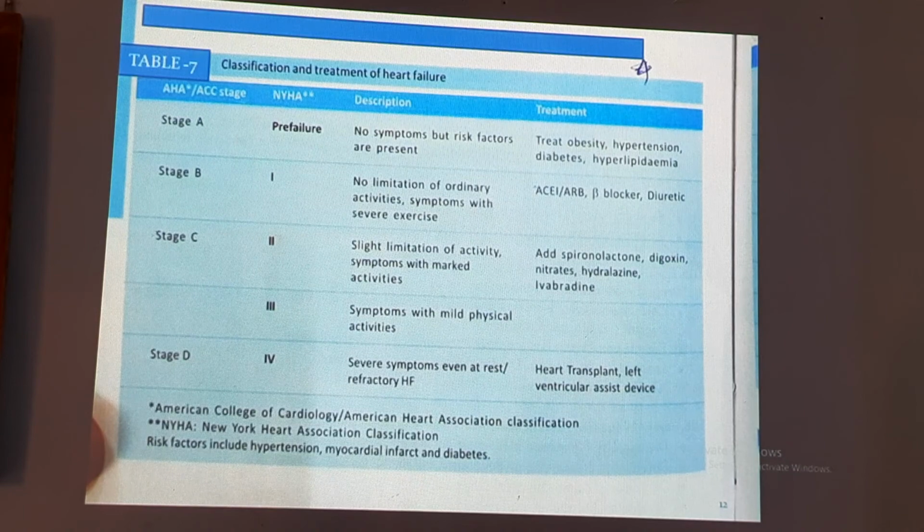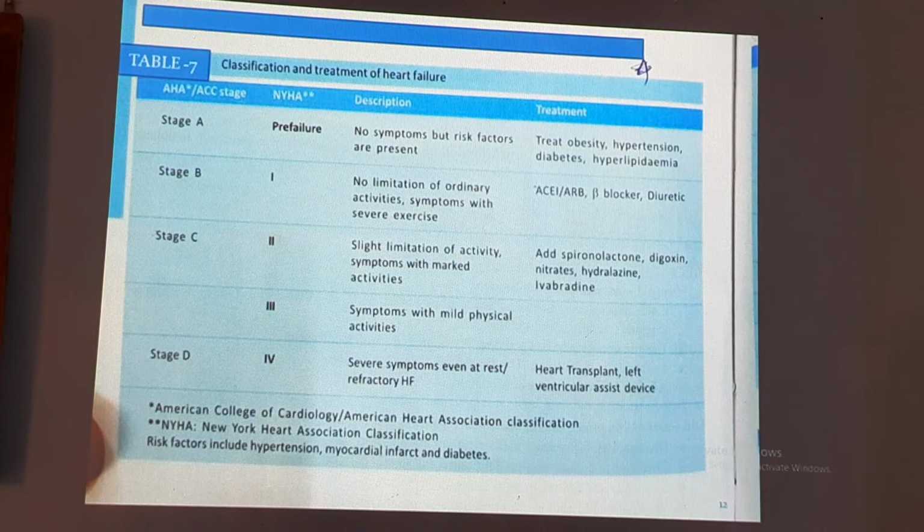Stage A or pre-failure: no symptoms but risk factors are present. Treatment: treat obesity, hypertension, diabetes and dyslipidemia.